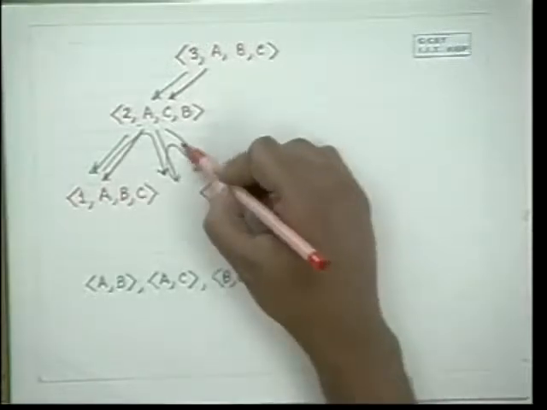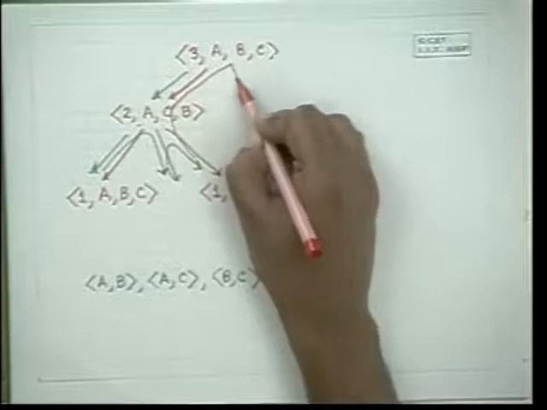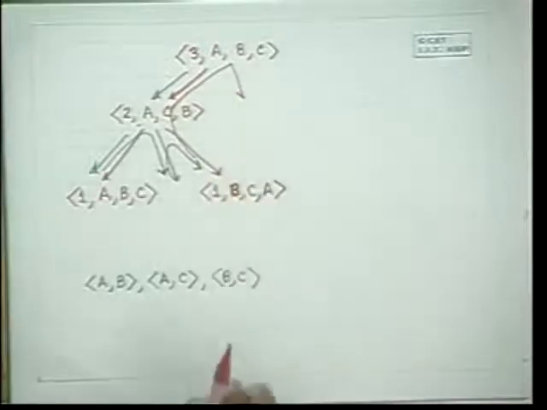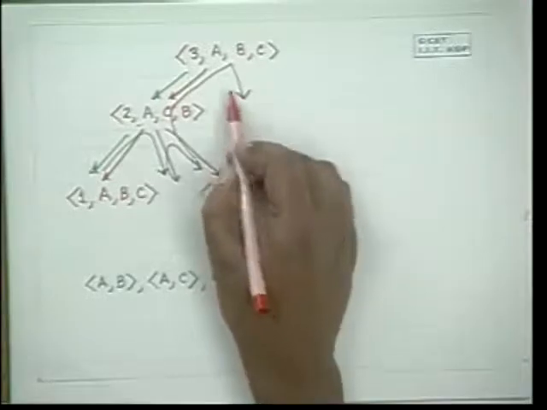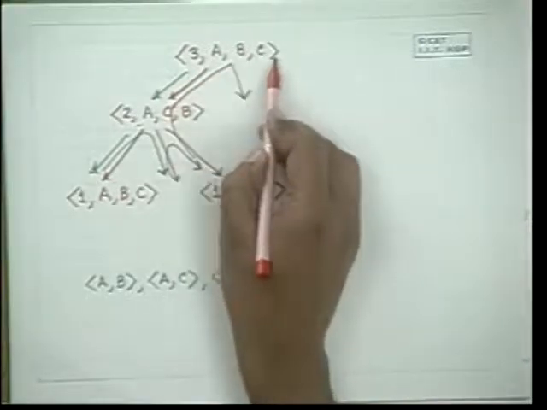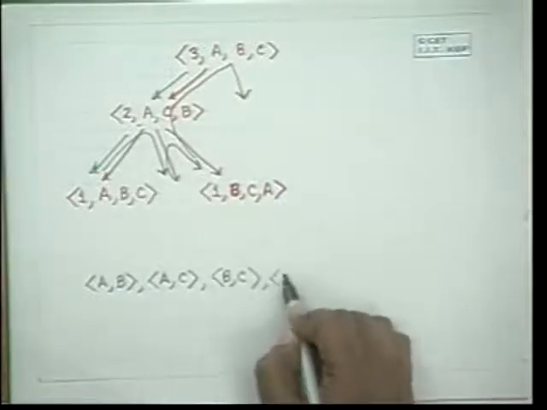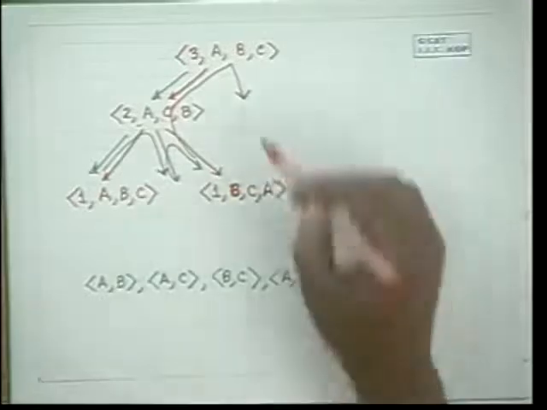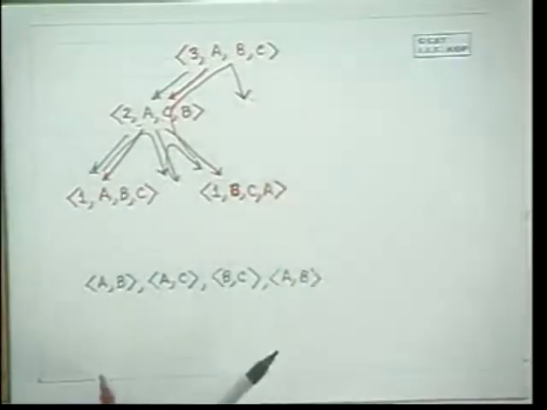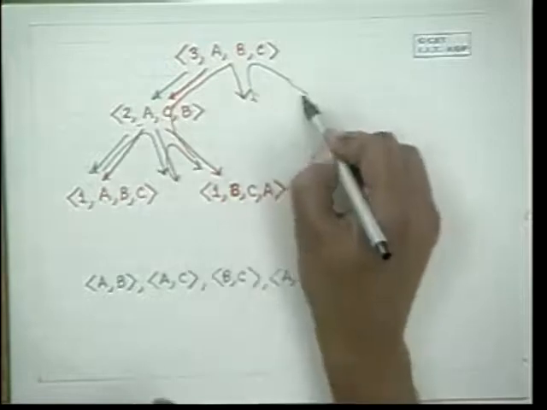And then control will go back, this part is done fully, goes back here, and the next subproblem is generated, which in our case is 1, A, B, C, which is print AB. Then this part goes back, control goes back to this side.